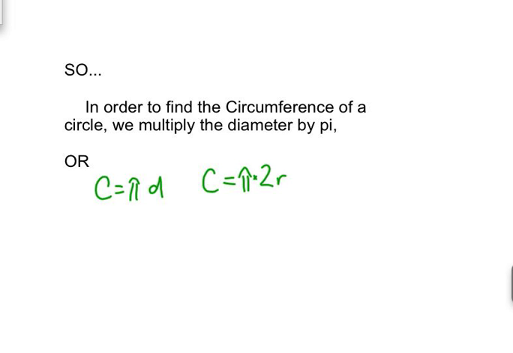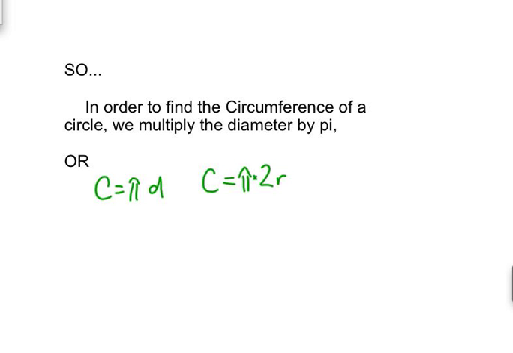That shouldn't be anything new, the diameter and the radii relationship. But to find the circumference of a circle, we multiply the diameter by pi, or we multiply 2 radii by pi.